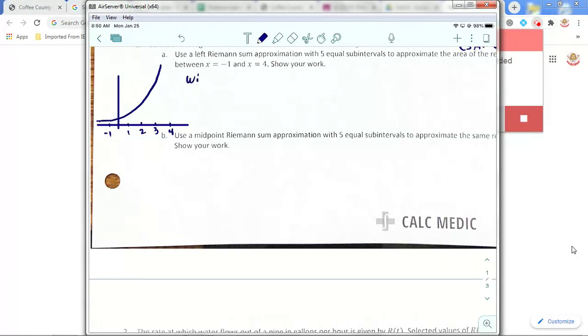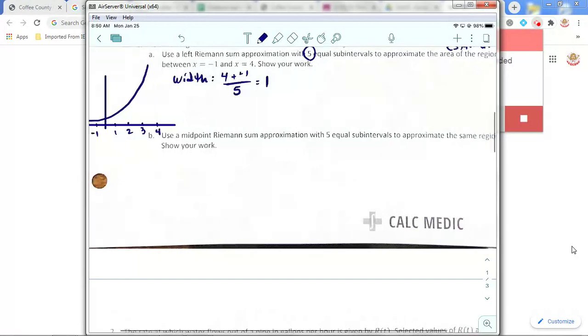So the width of our rectangles is, we subtract the right side of the interval minus the left side and divide that by how many rectangles we want. So it ends up being 5 over 5, which is 1. So each width of our rectangle is going to be 1.